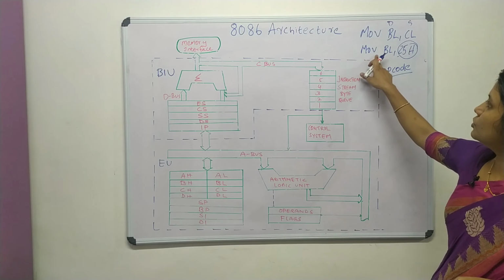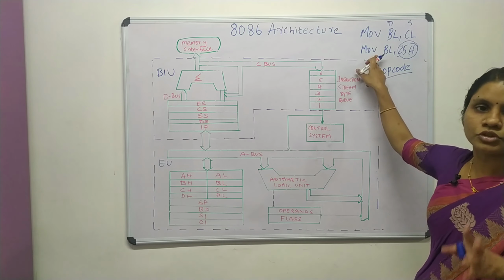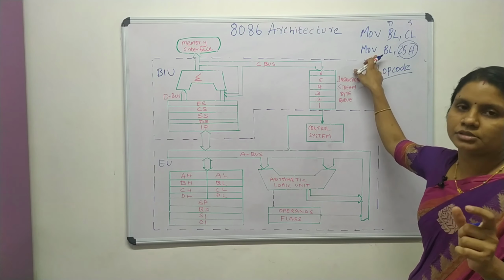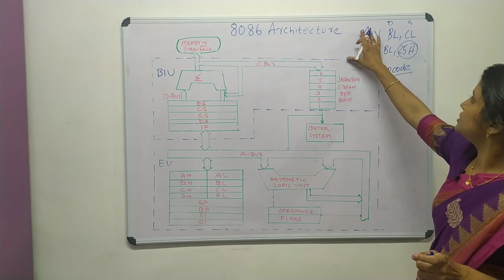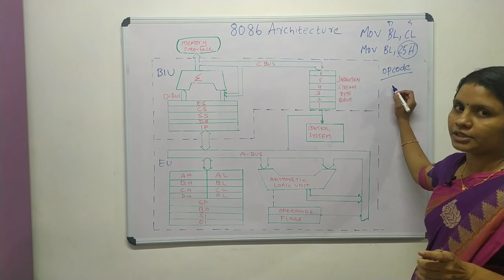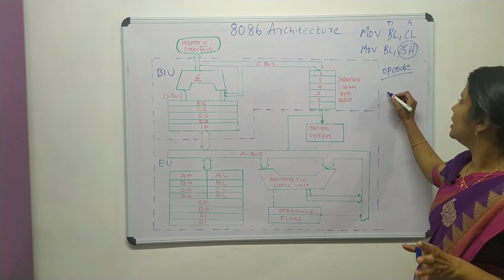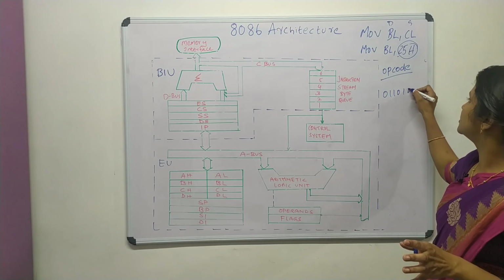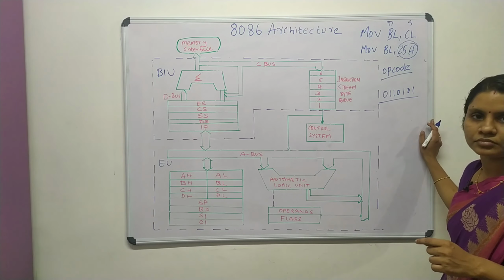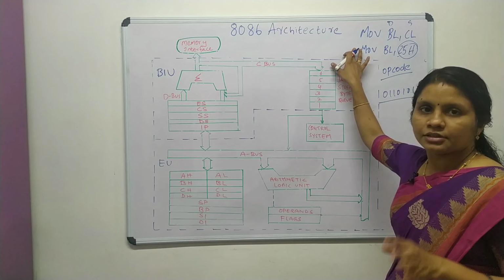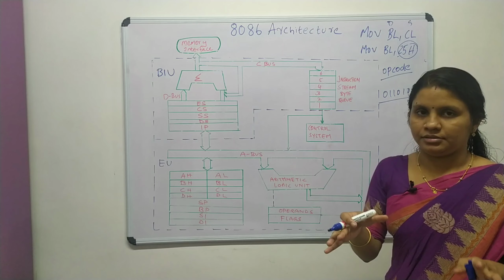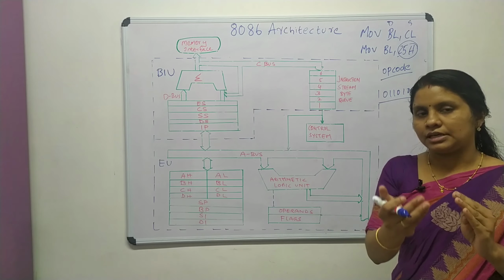So there is the instruction MOV, and for the MOV instruction there is a unique opcode. Fine. This opcode will be in the form of binary digits. That is, this instruction is fed into the assembler.